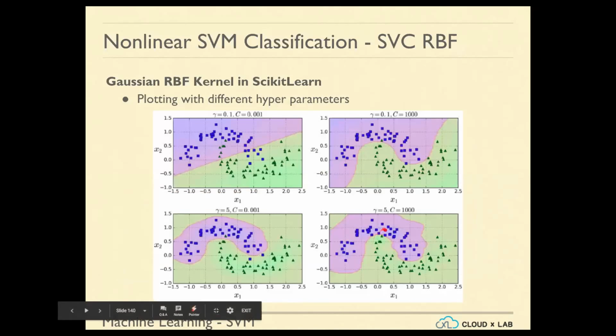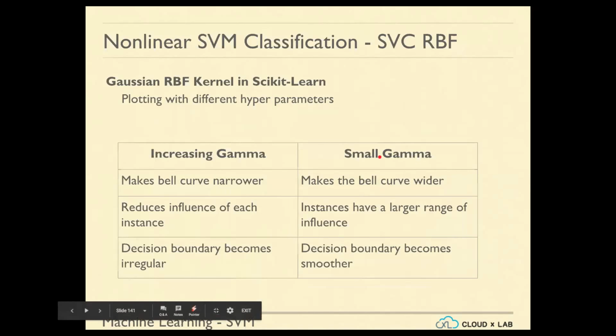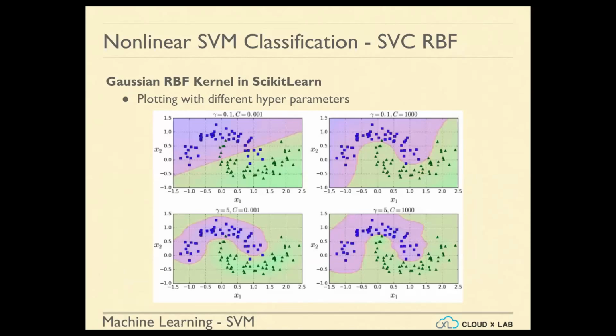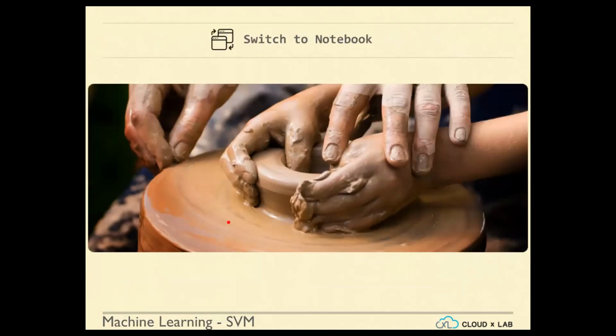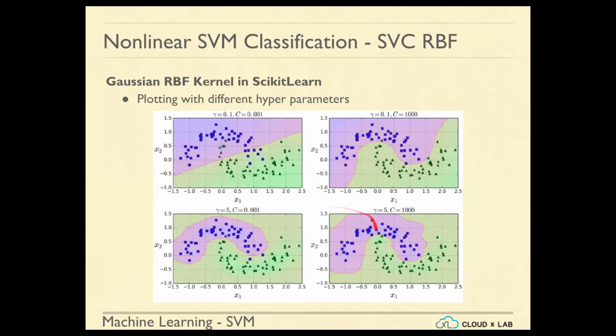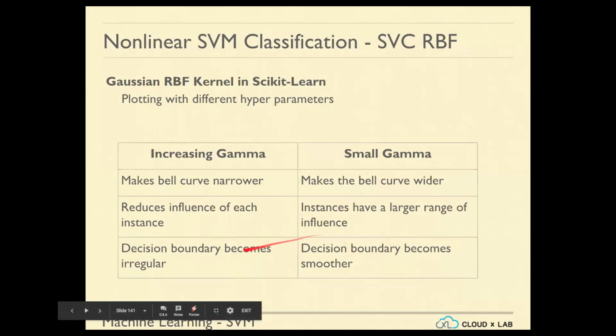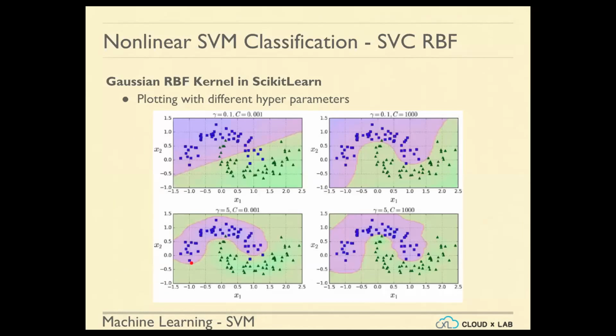The bell curve became narrow, and it reduces the influence of each instance. If you increase gamma, the decision boundary becomes irregular.